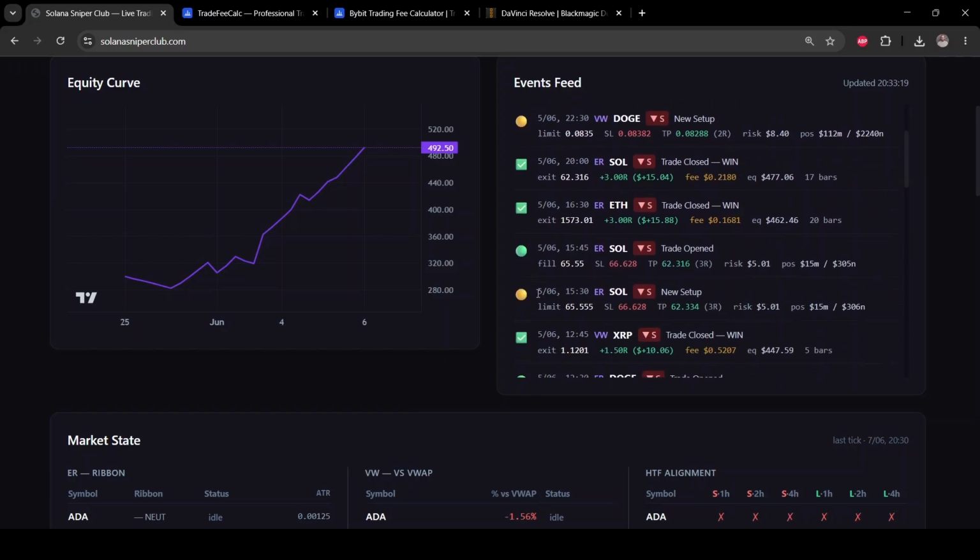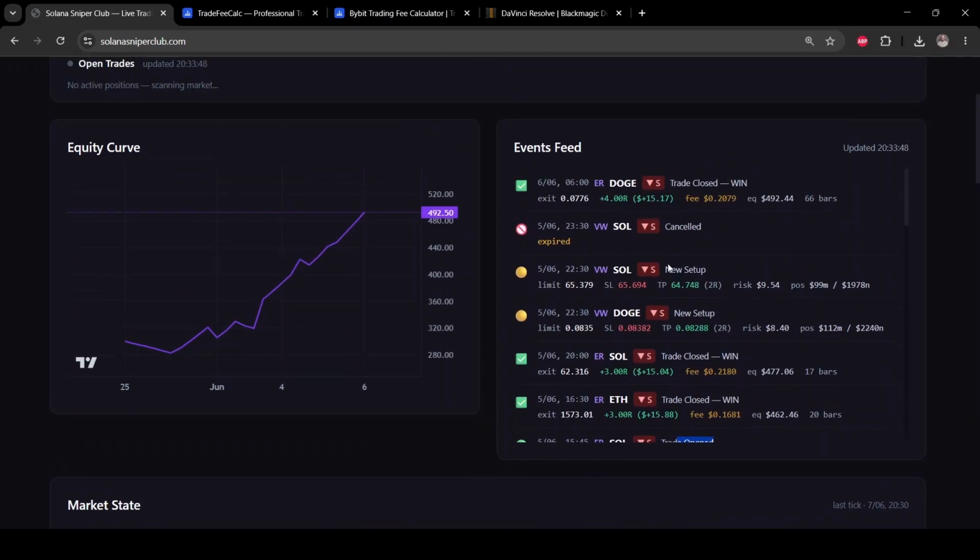On the 5th of June, we had a new setup because all the conditions for the trade were lined up, and a little bit after, it opened a trade. If the conditions cancel before the fill, the setup can be cancelled.